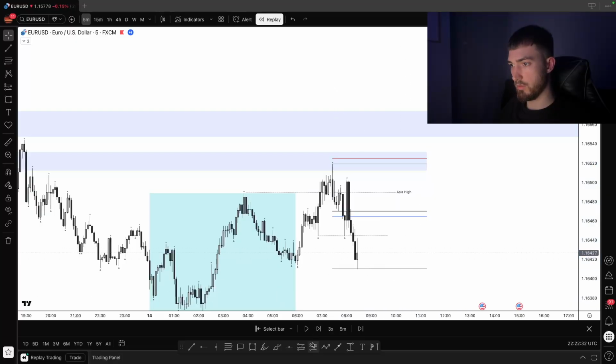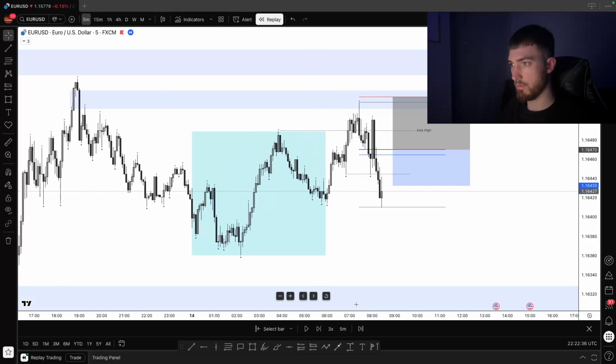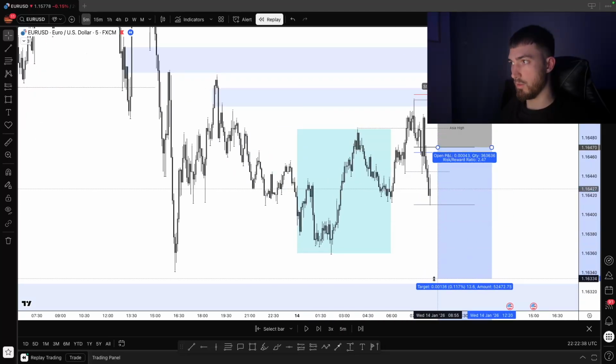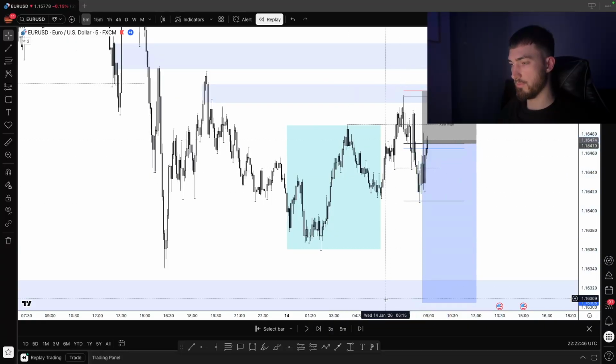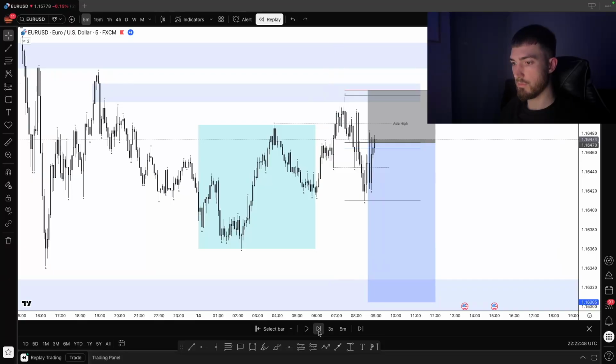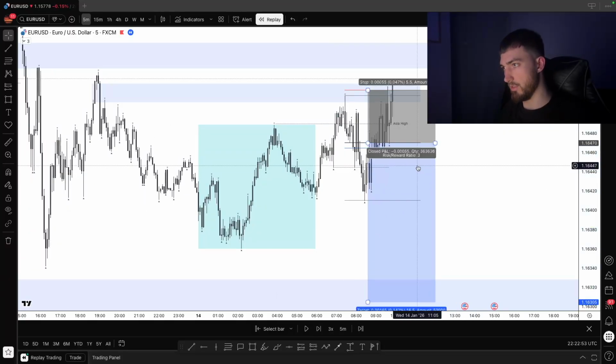So when I set my fib tool, I set my position as I always do, with a 1 to 3 in. As you can see, we've got a nice tag, but it just did not play out in our favor at that moment in time.